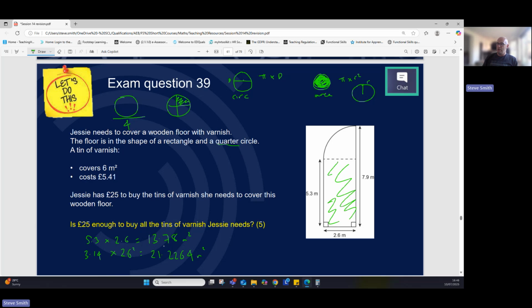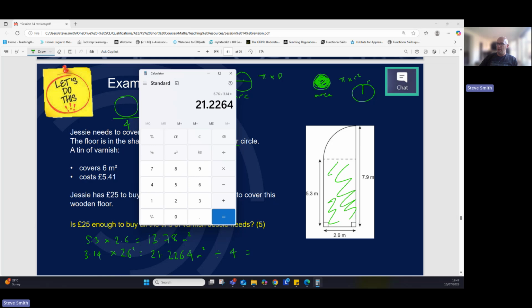I'm just going to add those 2 together and see how many tins of varnish she needs to buy. Well, that will be okay, but that's a full circle. So we need to do something with that first before we can add it to the rectangular part that we also need.